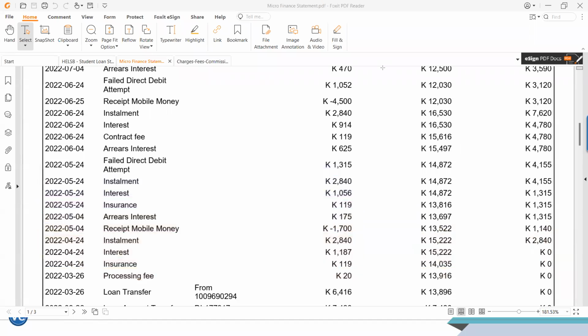So really the point of all of this is that when you get a loan, whether it is a student loan such as the HELSB, which is most favorable, versus a microfinance or a bank loan, make sure you factor in all those charges so that when you are making your payments, you are actually going to be paying off much quicker.